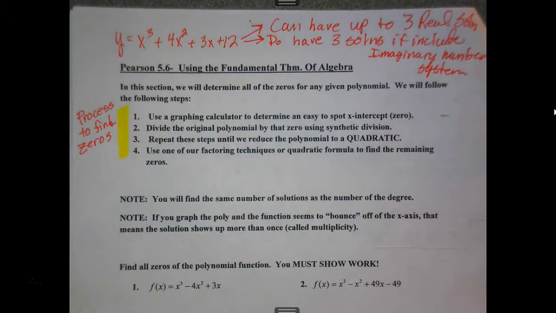It's called a multiplicity. Back when we were together 3-4 months ago, we had problems where I had x equal 3, x equal 3, x equal 5. Well, that 3 would be a multiplicity of 2. Just a new way of saying it.